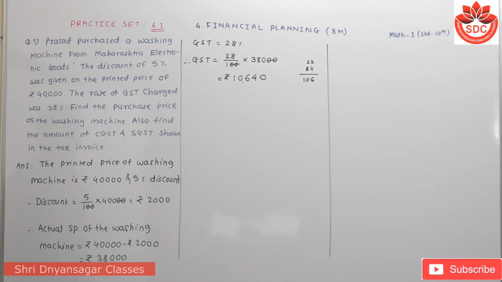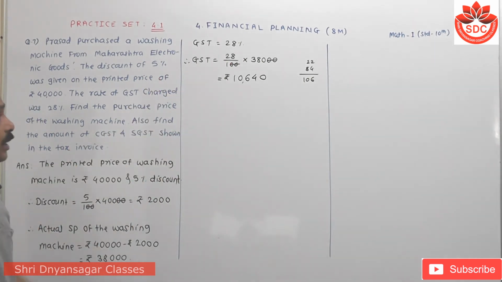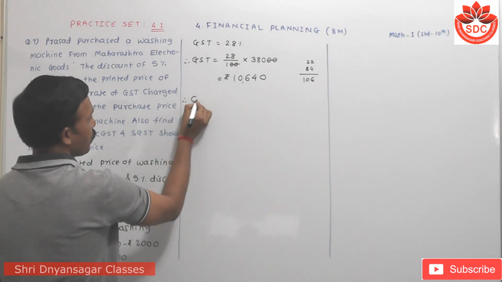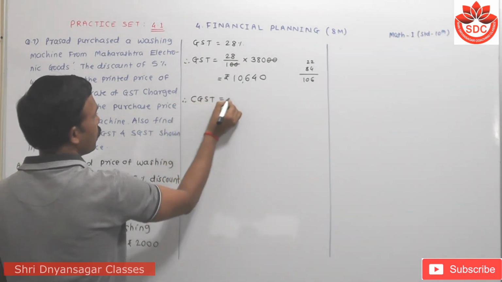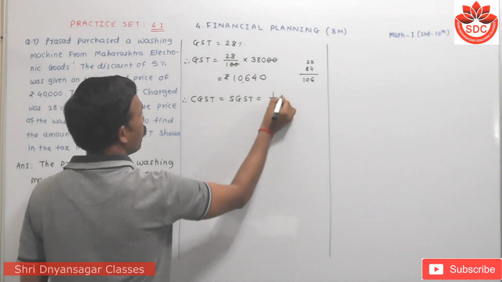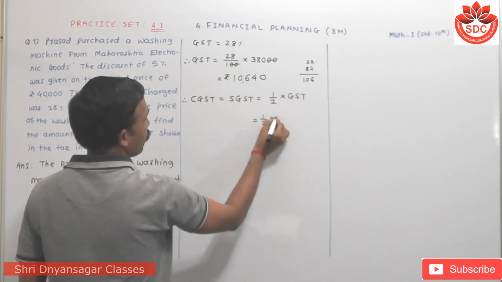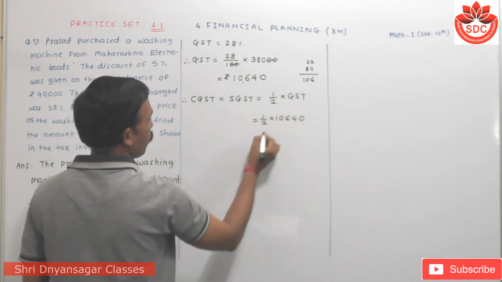Therefore, this is GST. Therefore, CGST and SGST is equal to half of it. Therefore, I will write here CGST is equals to SGST is equals to half of this GST. Means that half of this 10,640.